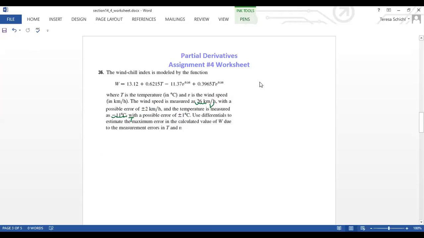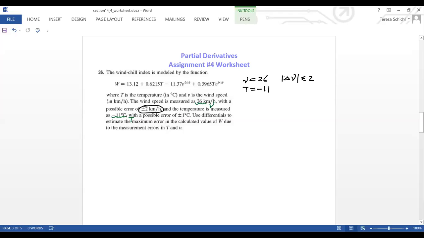Okay, so I know from the given problem that V is 26 and T is equal to negative 11. So what is this plus or minus 2 kilometers? That means the absolute value of delta V is less than or equal to 2, right?